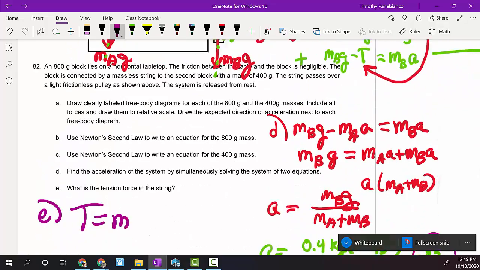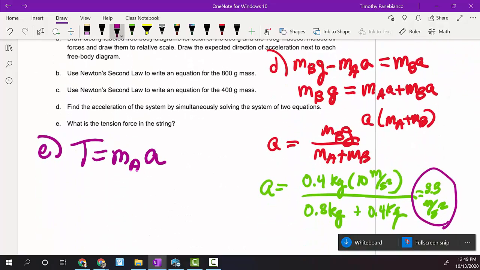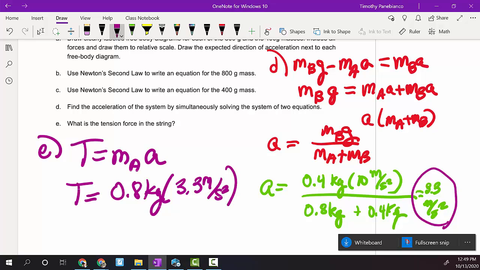M times A times acceleration. So that means that we have a 0.8 kilogram mass times an acceleration of 3.3 meters per second squared. And to complete this out, we arrive at an answer of 2.6 newtons. And there you have it.